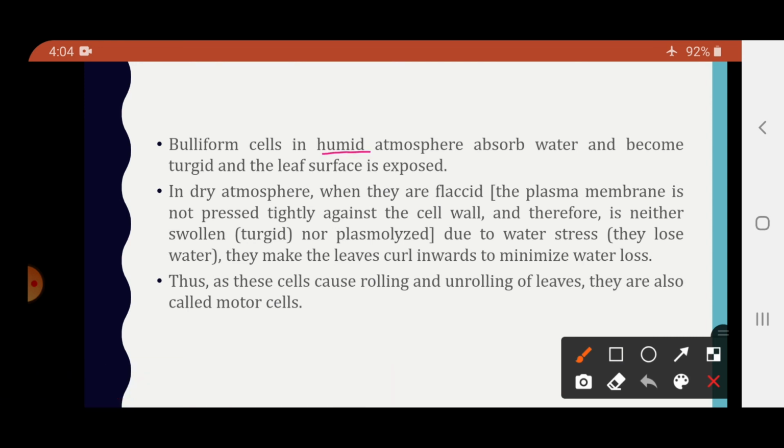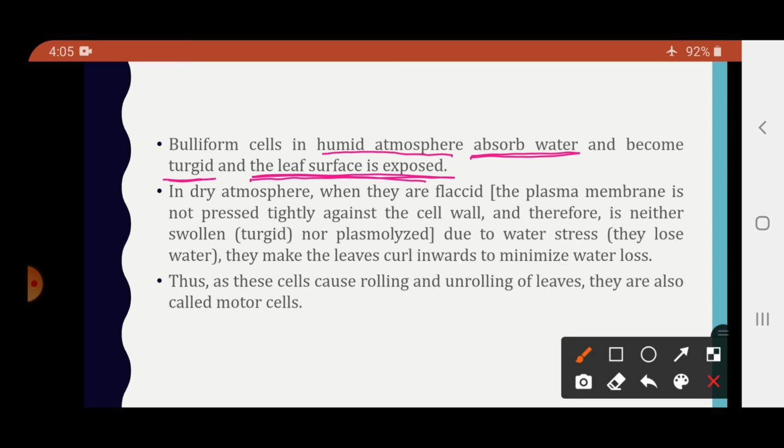Bulliform cells in humid atmosphere, यानी जब एटमोसफियर में मॉइस्चर होता है, ह्यूमिडिटी होती है, at that time these cells absorb the water, the cells become turgid and the leaf surface is exposed. क्या बोल रहे हैं? That is, bulliform cells in the humid atmosphere will absorb the water.